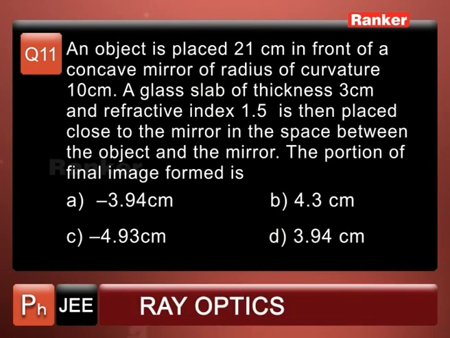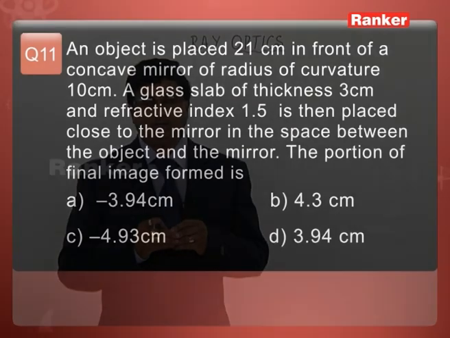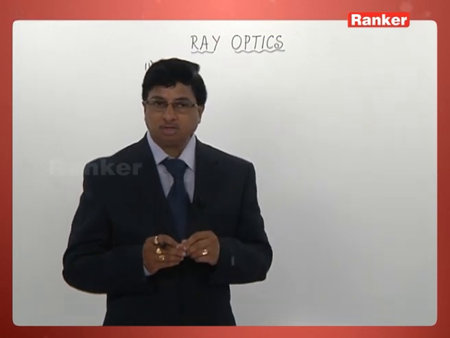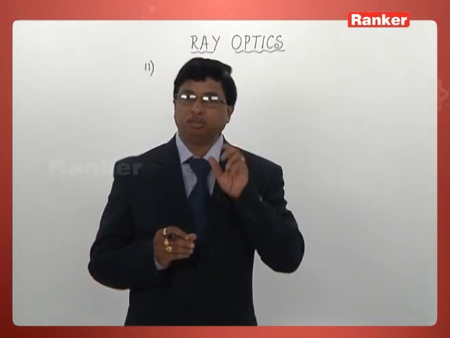A glass slab of thickness 3 centimeter and refractive index 1.5 is then placed close to the mirror in the space between the object and the mirror. The position of the final image formed is what we just want.